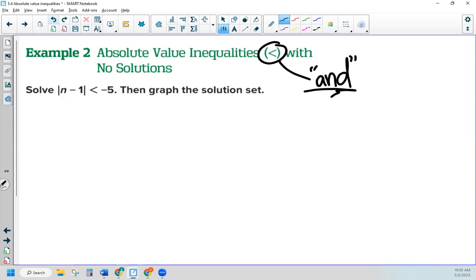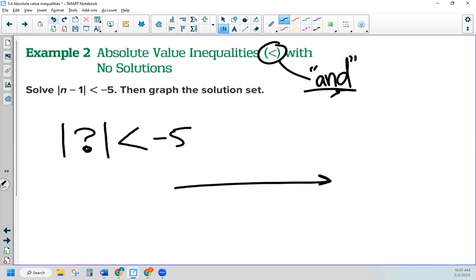So if you see what's going on right here, I don't want you to just say, oh, you can get a negative number. Well, can you think of any number that when you plug into this question mark will be less than the number -5? If you think about right now where the -5 is located, can you think of any number that will be located anywhere that way?